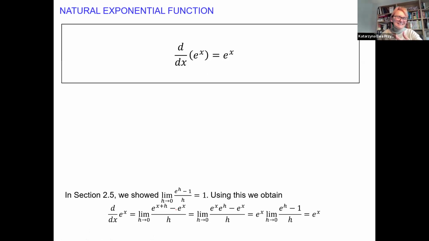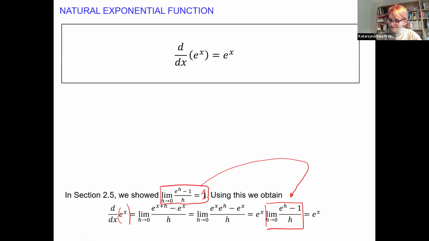That's how unique and nice the natural exponential function is. I am solving this through the limit definition, but at some point we have to evaluate this limit, and this limit is equal to 1. That means e to the x times 1 is e to the x.